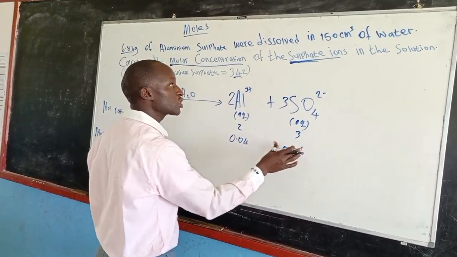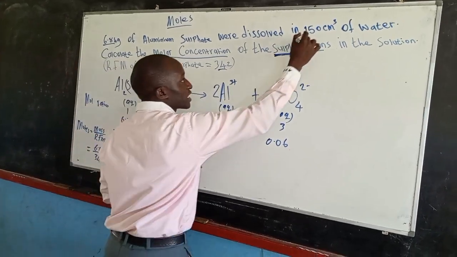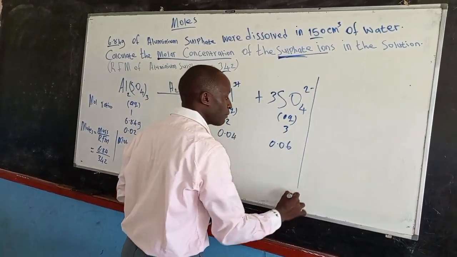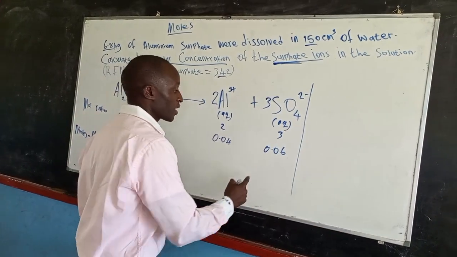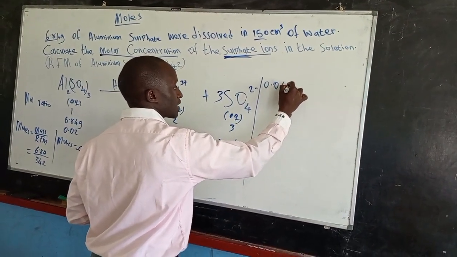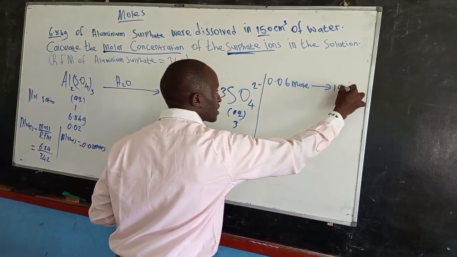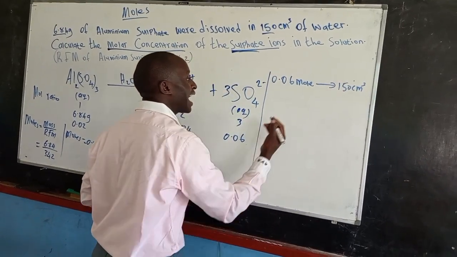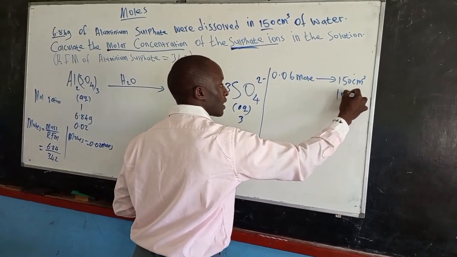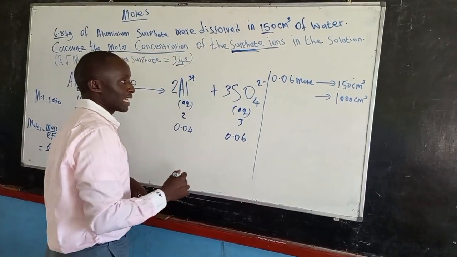We have been told that it was dissolved in 150 cubic centimeters. Therefore, I say if these 0.06 moles are in 150 cubic centimeters, how many moles will I have in 1000 cubic centimeters?